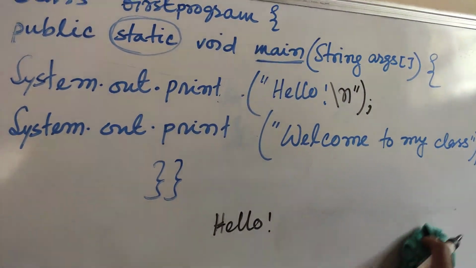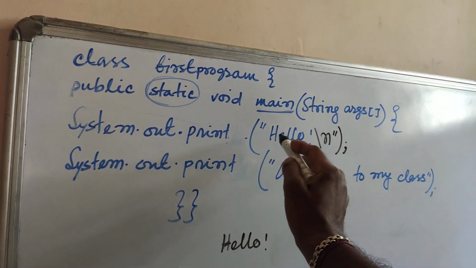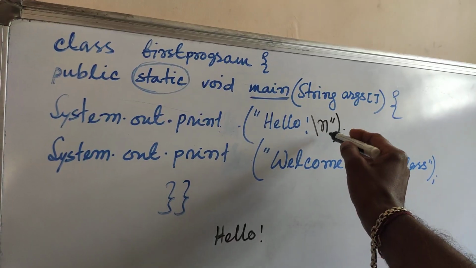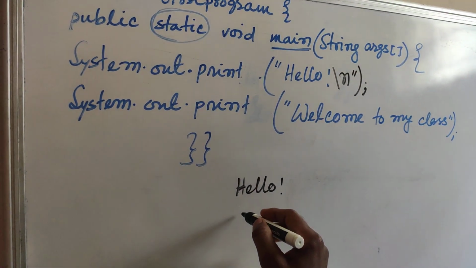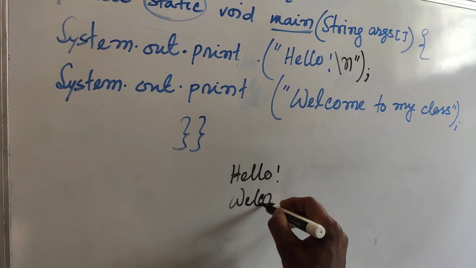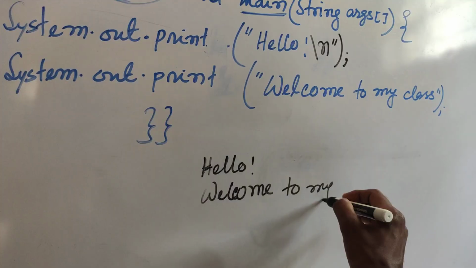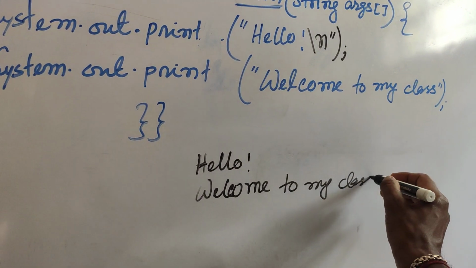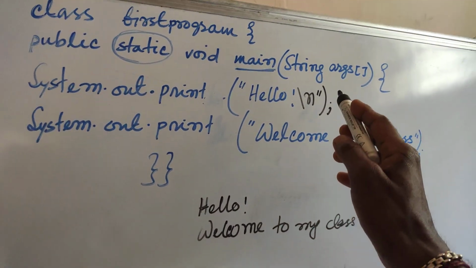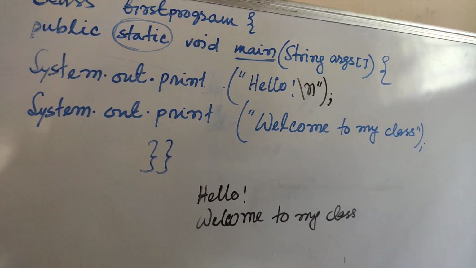In that case, the computer will print hello. \n means the cursor will come to the next line. Welcome to my class. So if I write \n, then the computer brings the cursor to the next line, the second line.